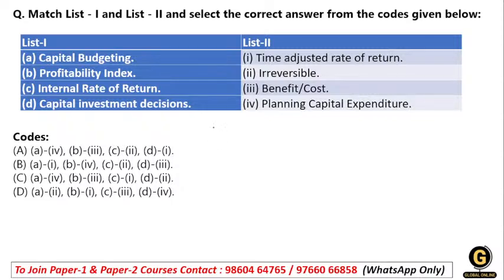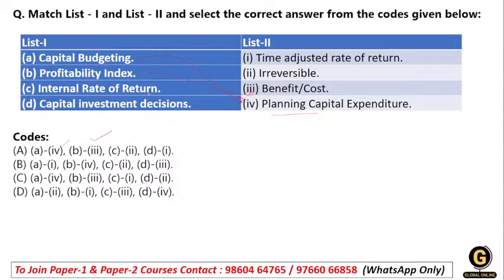Capital budgeting you can easily match with planning capital structure. Then profitability index is matched with profit, benefit and cost. A matches with the fourth one, B matches with the third one.